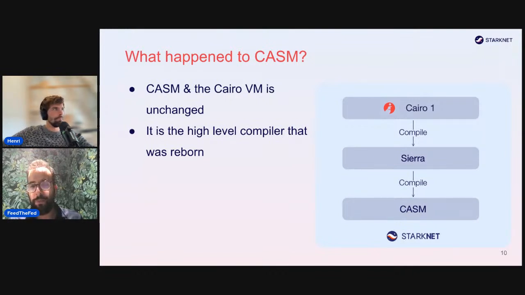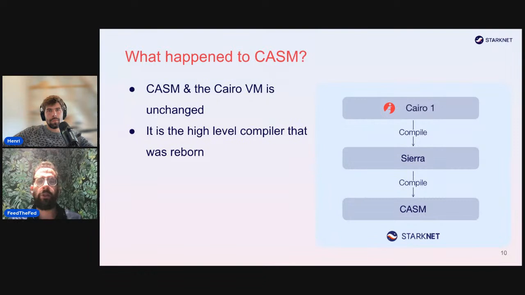It's pretty much unchanged from the original paper, and all we did was change the high-level language and create an intermediate representation between the high-level language and Cairo assembly. So basically, a user writes Cairo 1, compiles it, gets Sierra, compiles it, gets Cairo assembly.